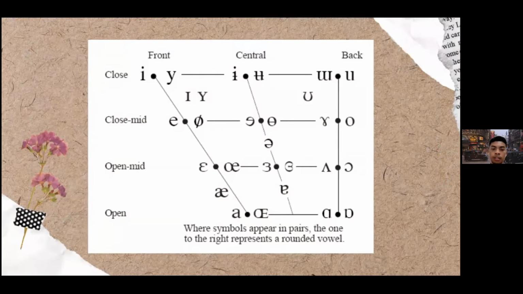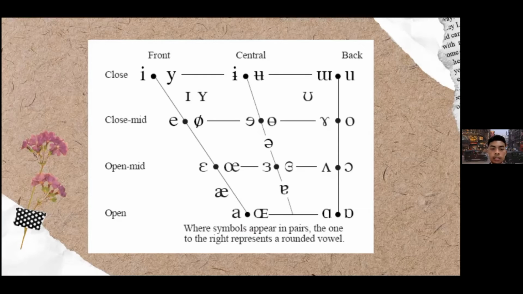Next, we have reached the vowels. I'm going to present first the unrounded and then the rounded counterpart. I'm going to start with the front vowels. These vowels I'm going to pronounce short and then long, the front vowels.